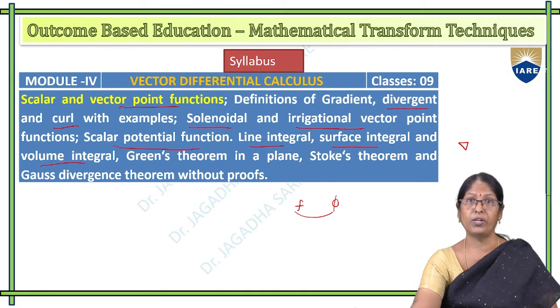Surface is in 2 dimensions, volume is in 3 dimensions. The surface integral, volume integral, and line integrals are the three integrals, and there is a relationship in the transformation from line integral to surface integral, line integral to double integral.